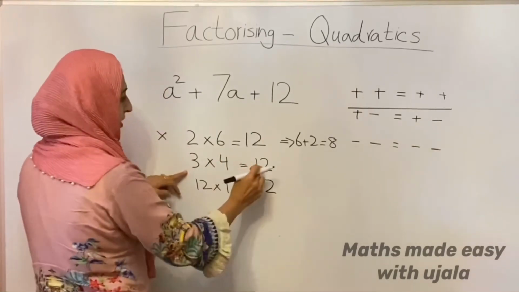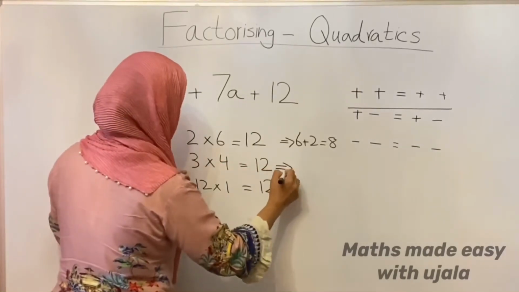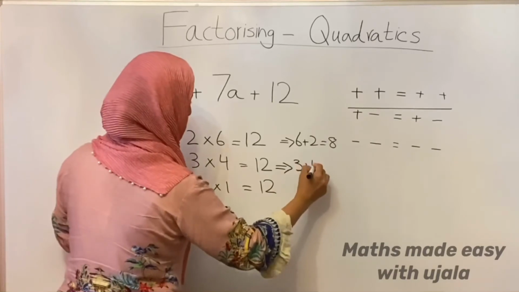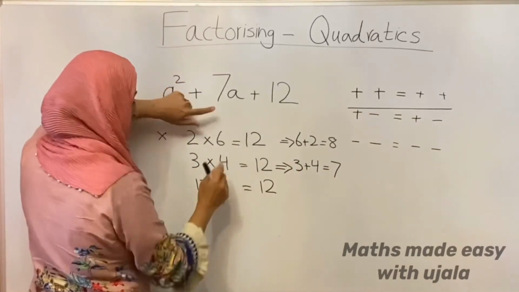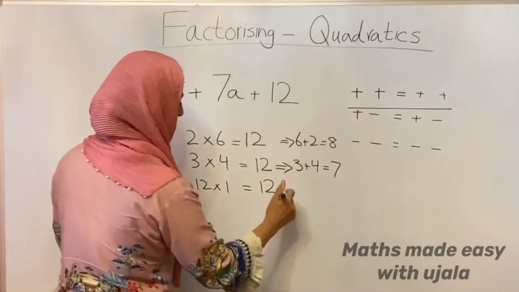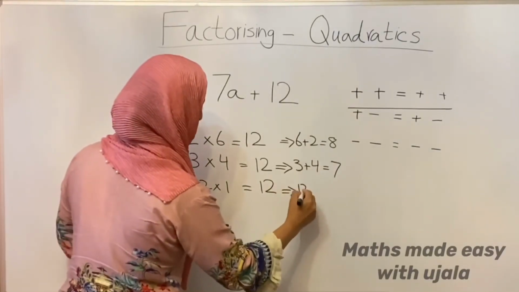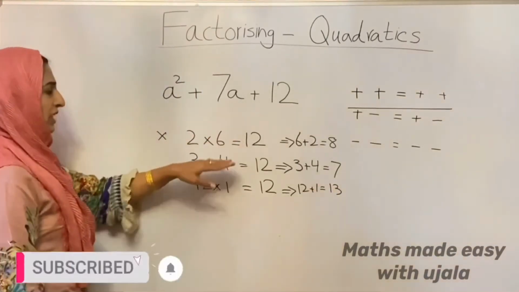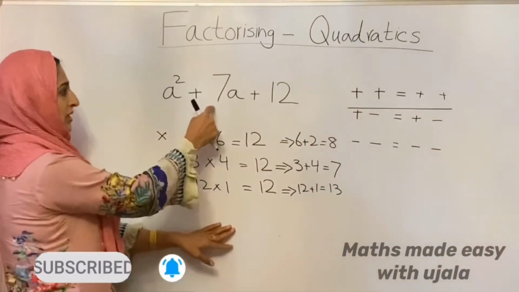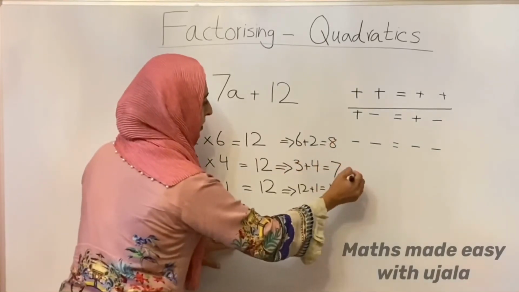4 times 3, 12. If I'm going to add 3 plus 4 is equal to 7. Keep an eye on this term as well. 12 times 1 is 12. And if I'm going to add 12 and 1 is 13. So which term from these 3 is going to fit in this term? So this one.